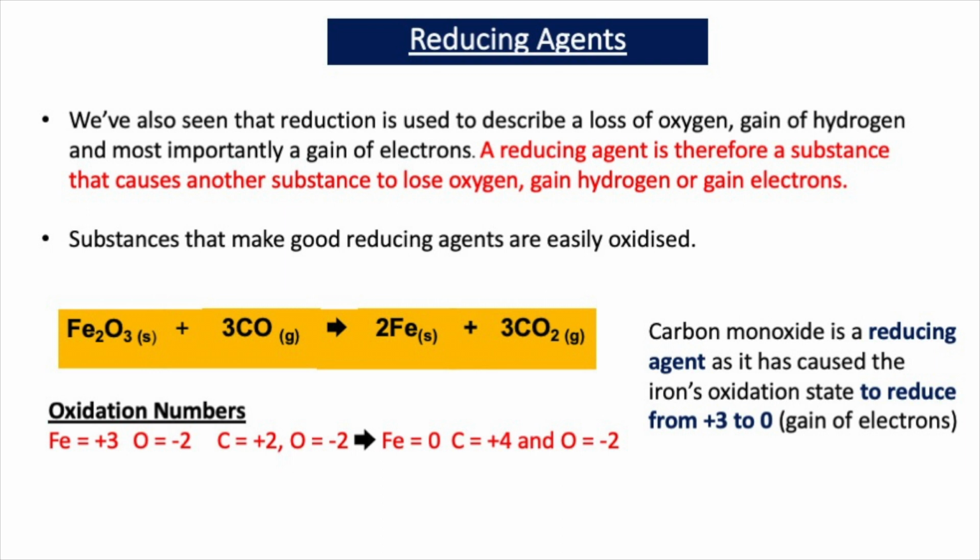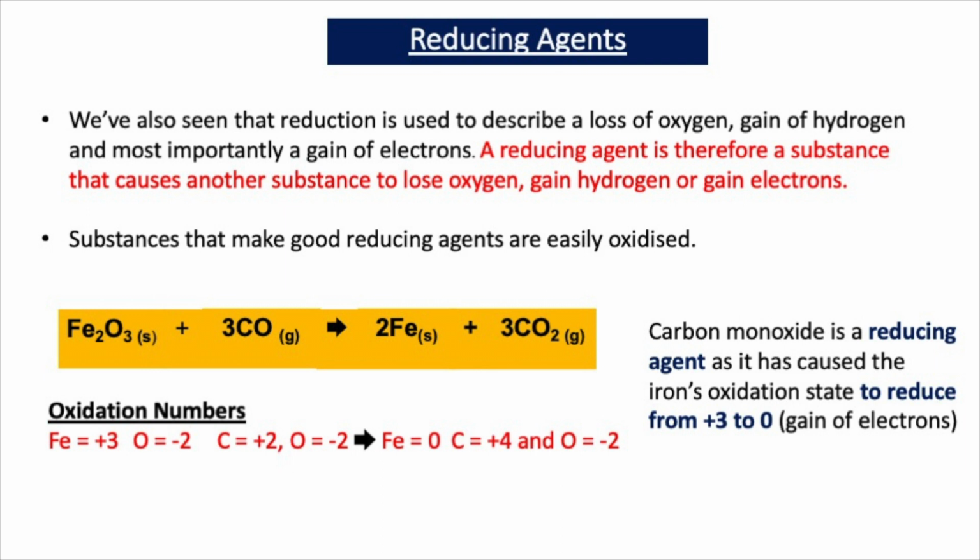The iron in iron oxide is in the +3 oxidation state, and when this changes to iron metal, reduction takes place. There is a gain of electrons. These electrons have come from the carbon monoxide because the +2 oxidation state of carbon in carbon monoxide changes to the +4 oxidation state in carbon dioxide.